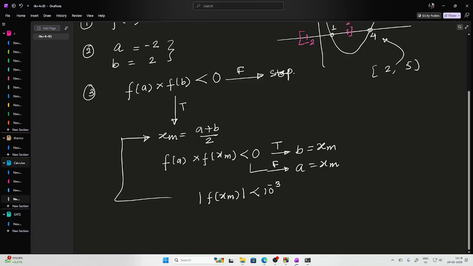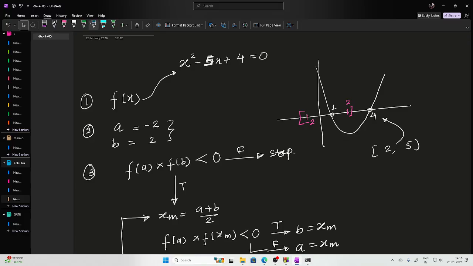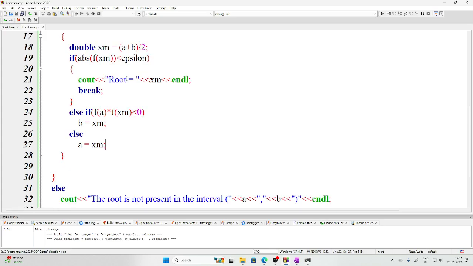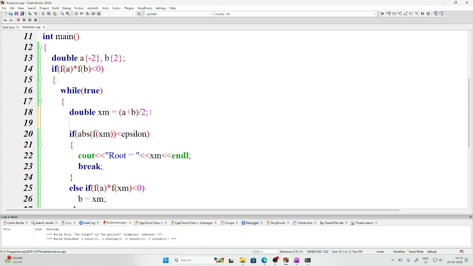This was expected because in a bracket of minus 2 and 2, what I should get? 1. So if I change the bracket from minus 2 to 2 to 2 to, let's say, 5, then the root should be 4. Okay, so before that, we will write one more thing. We will create an integer counter and initialize it with 1.